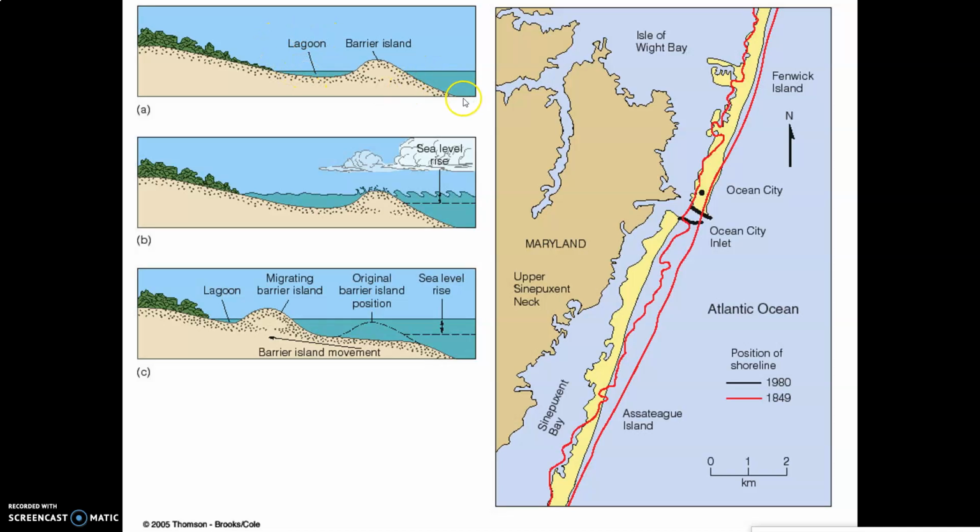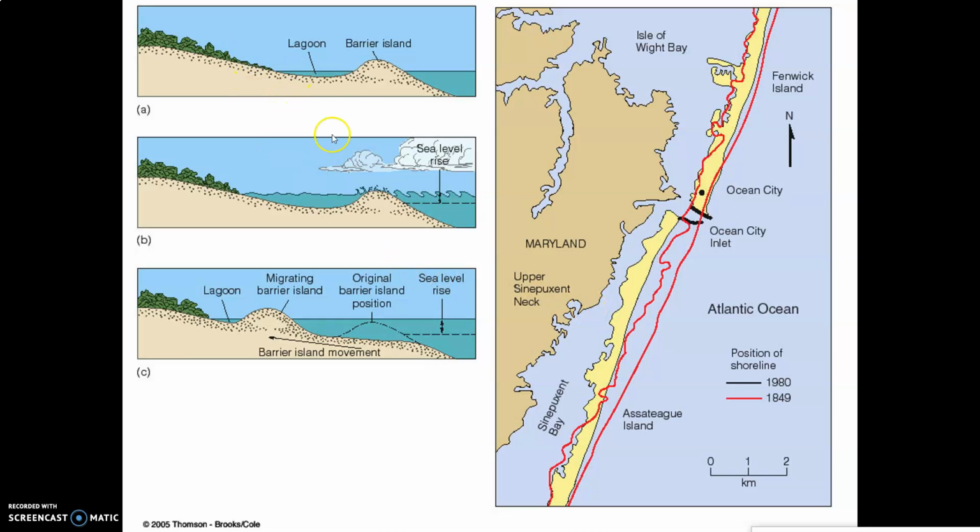It's showing the barrier island and lagoon, and over here it's showing you, in red, the previous shoreline in 1849. With sea level rise, the shoreline has migrated landward towards the state of Maryland.